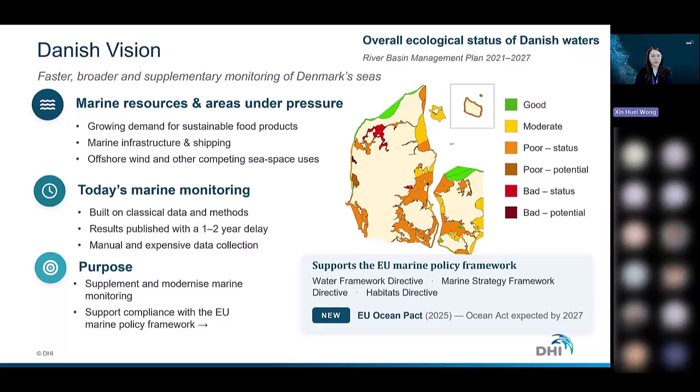Therefore, the purpose of this project is to supplement and modernize the marine monitoring framework and also comply with the different EU directives written here and also the upcoming EU Ocean Pact.